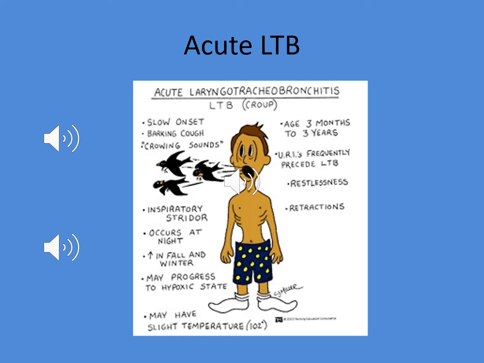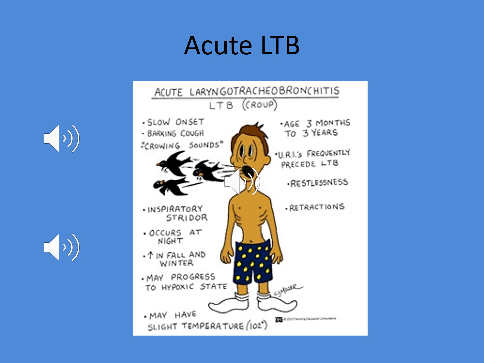So put a pulse ox on them, see what their O2 sat is. If need be, we can give them some supplemental oxygen just to make sure we keep their sats up. Typically with peds, just like adults, we like to see their sats above 90%. Some physicians will even write above 92%. So it's kind of a preference, but a general rule is usually at least above 90%.